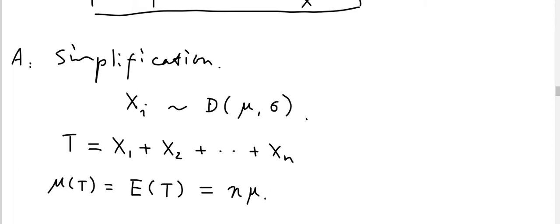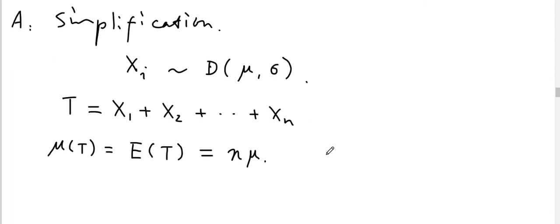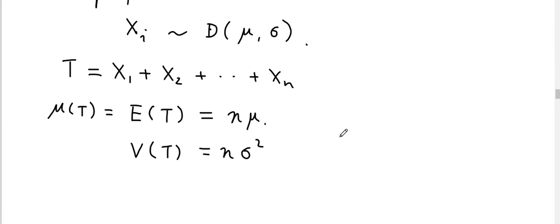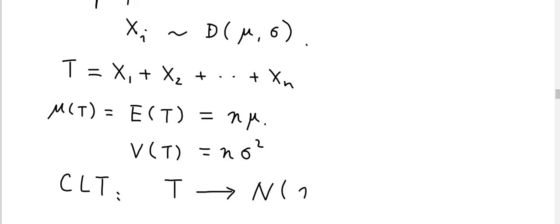Okay, so for the mean, we just add them up, and the variance also just adds up. We say the variance of T equals n sigma squared. So the central limit theorem says T will be close to this normal, with mean n mu and variance n sigma squared.